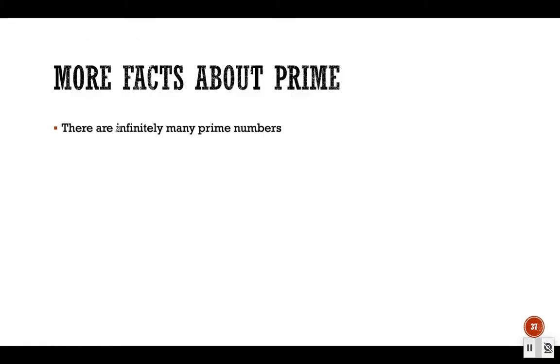So we say that there are infinitely many prime numbers. I mean, the prime numbers do not form a finite list; there are actually infinitely many prime numbers. So how can we prove that? Let's assume that this fact is false.